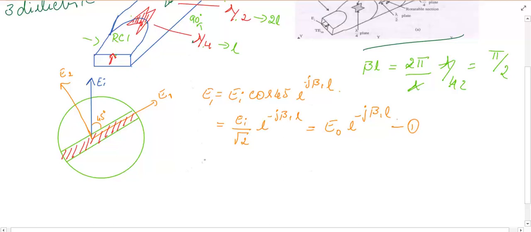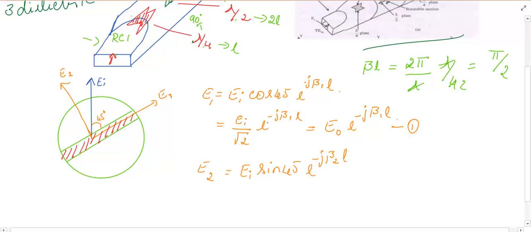Now, in a similar way, what will be our E2 equation? E2 will be equal to EI sin 45 e to the power minus j beta 2 L. What is the phase constant for that wave in that direction? It is beta 2. First one I am representing as beta 1, the second one as beta 2.